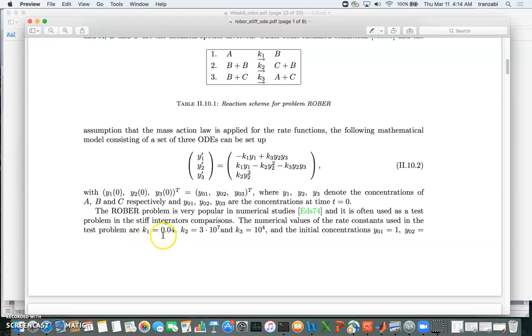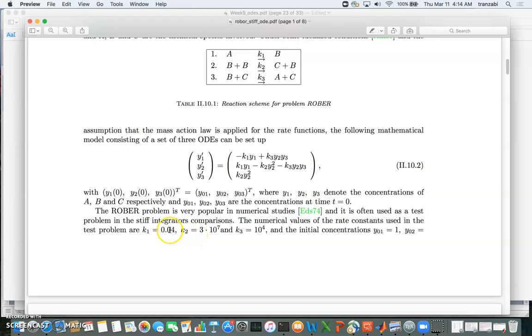Now let's assume K1 is small, K2 is very large, something like 9 orders of magnitude larger than K1, and K3 has maybe a medium range. Now if you want to solve problems of this sort where the rate constants are vastly different, we're going to run into problems.